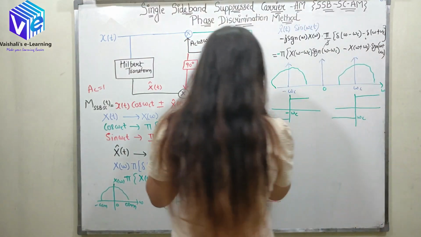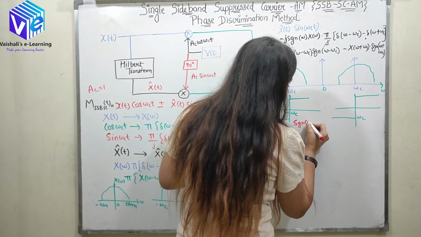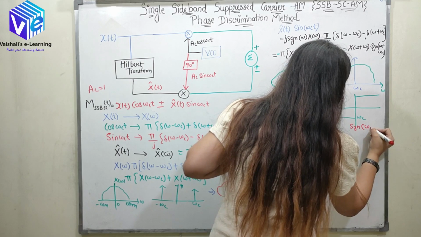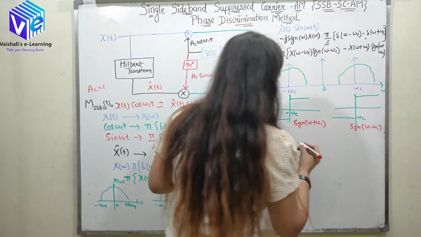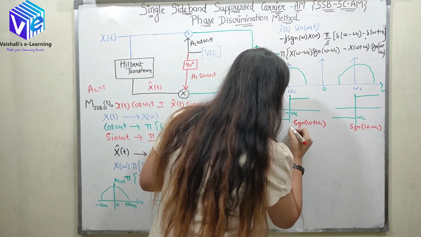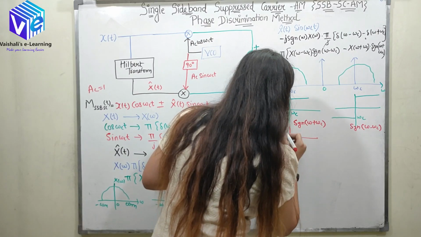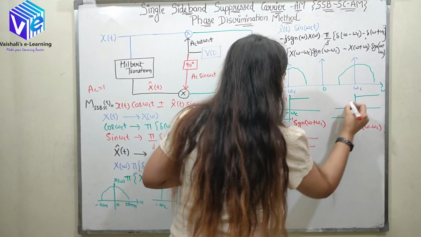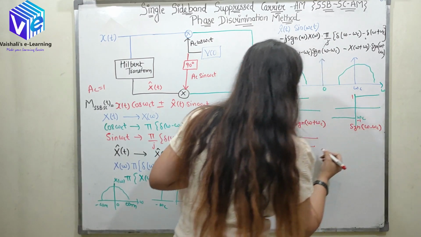So these are representing signum of omega plus omega c and signum of omega minus omega c. And if I multiply it with minus 1, I'll get this is 1, this is minus 1, this is 1, this is minus 1.